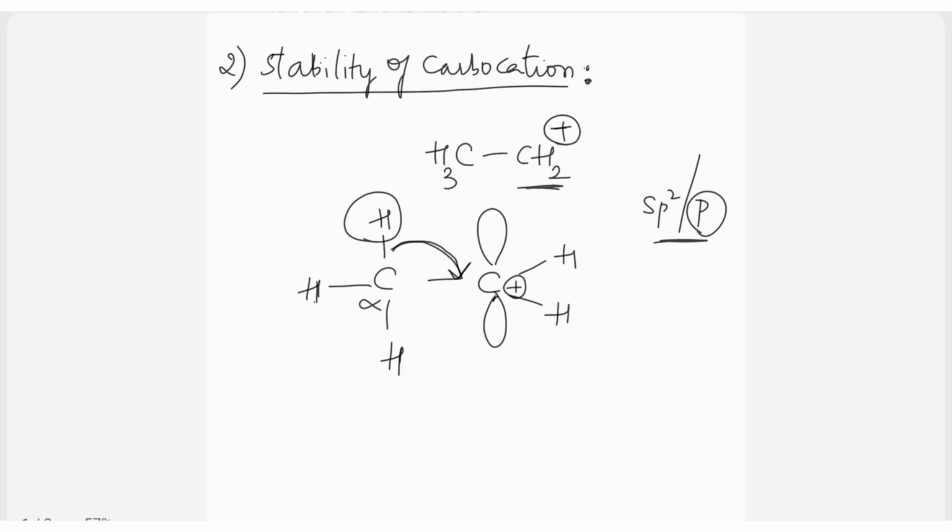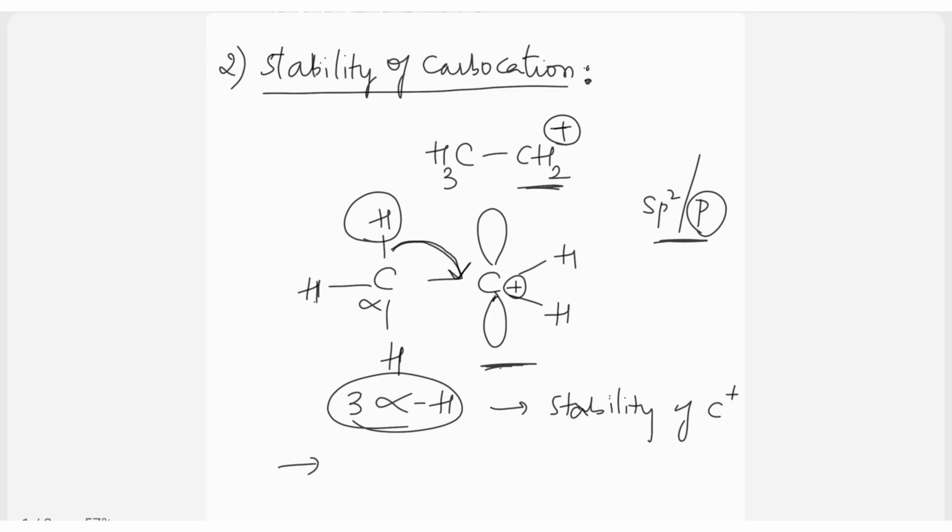This way the positive charge in the carbocation is stabilized by 3 alpha hydrogens. So as the number of alpha hydrogens increases, the stability of the carbocation also increases.